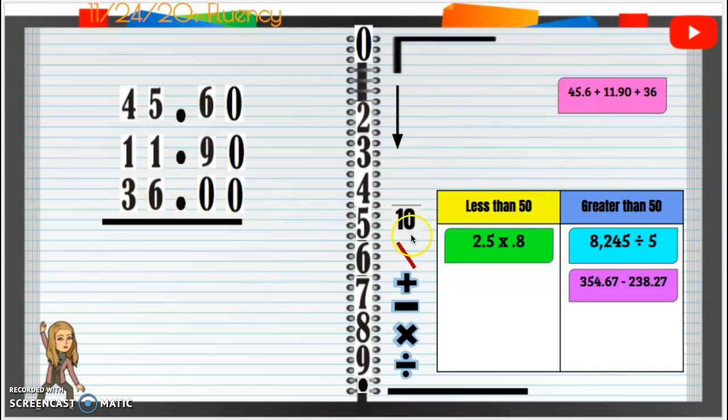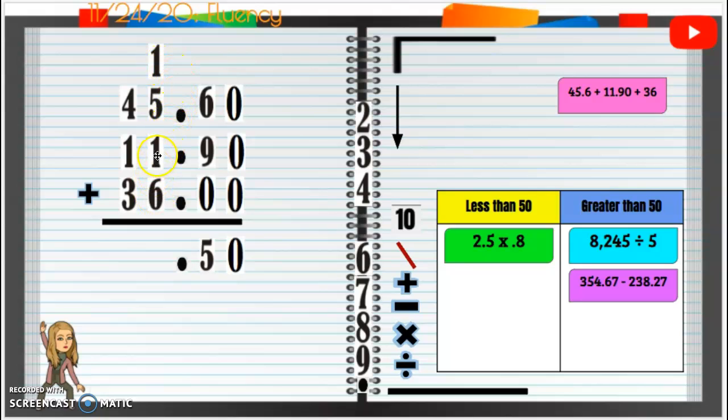All right, now we can start adding. 0 plus 0 plus 0 is 0. 6 plus 9 is going to be 15. So I'm going to carry that 1, drop that 5. What do I do with that decimal? Drop it like it's hot. 5 plus 1 is 6.